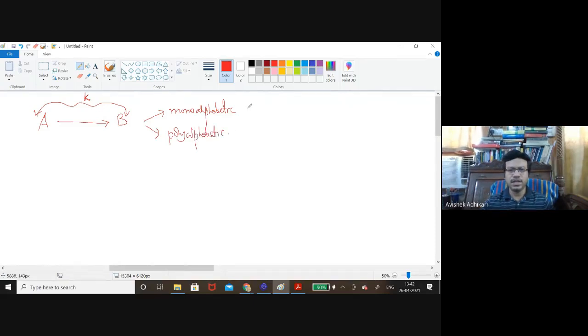And you can understand that in case of monoalphabetic, there could be a chance of frequency analysis, but here there is no chance of frequency analysis, but some other chances are there. Exhaustive search could be there, or maybe some other better way of having an attack system may be available here.